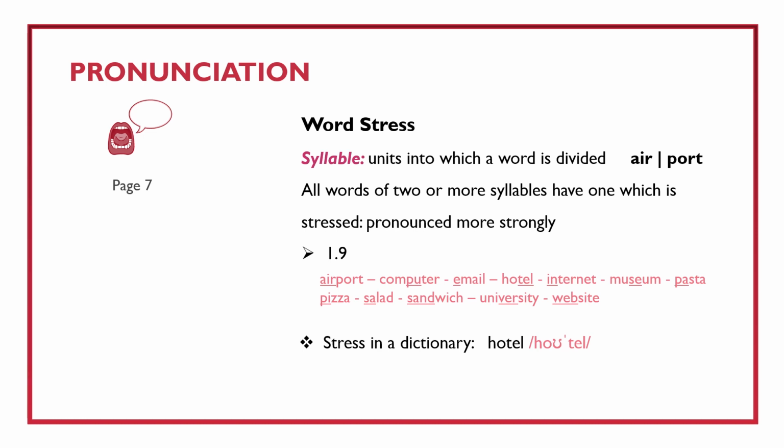So, for example, if you search the word hotel, we have two syllables, ho and tel, and the stress is on the second syllable, tel. That's why the apostrophe comes before the second syllable. So the apostrophe comes before the stressed syllable.